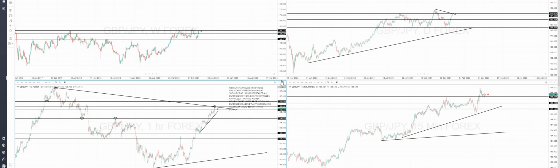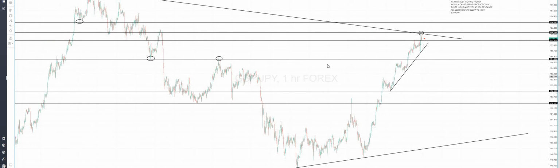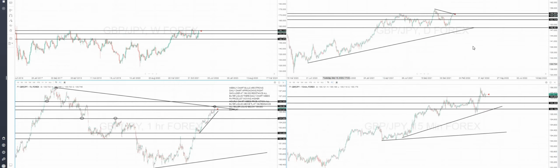So on the hourly chart, we are watching that 156.050 key resistance as explained on the daily chart right there. That's that level right there. So all buyer liquidity is above that level and that trend line. So if price pushes above, comes back into value, you might be able to look for a small short opportunity, play it by day, and move on to the next trade. So that is GBP/JPY.